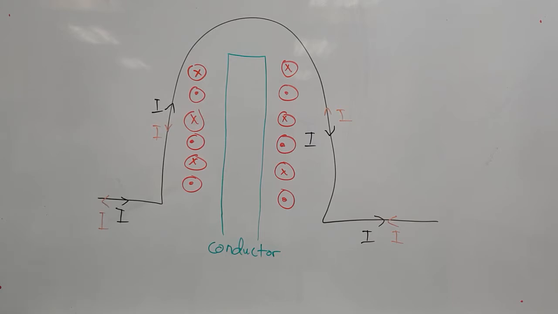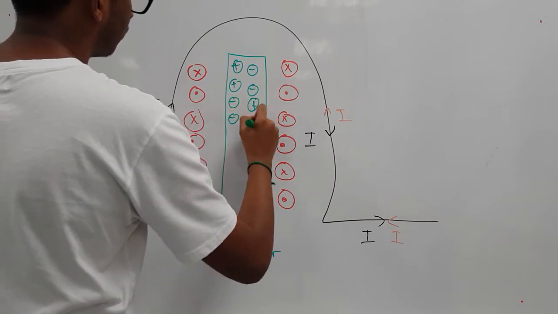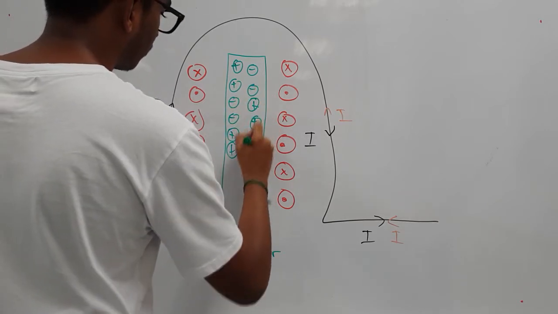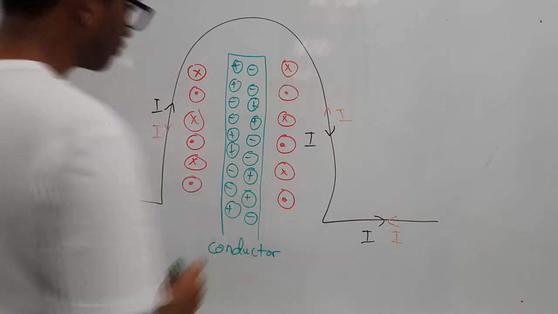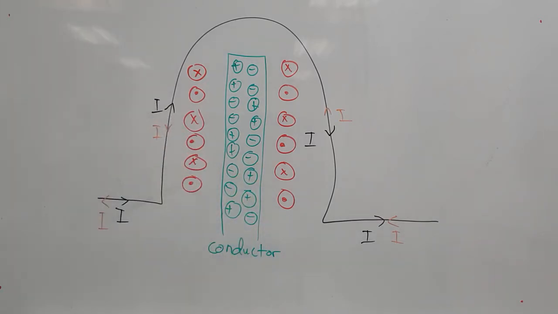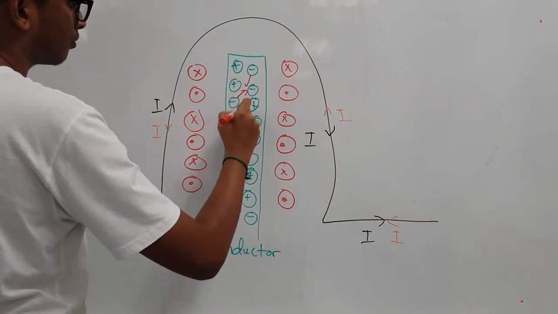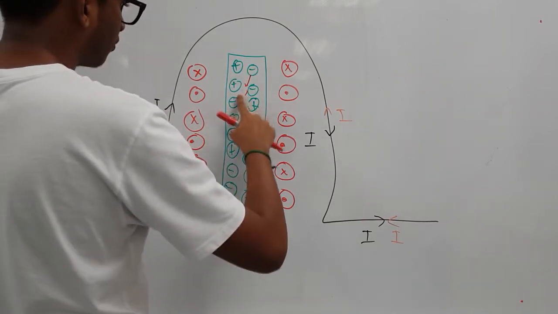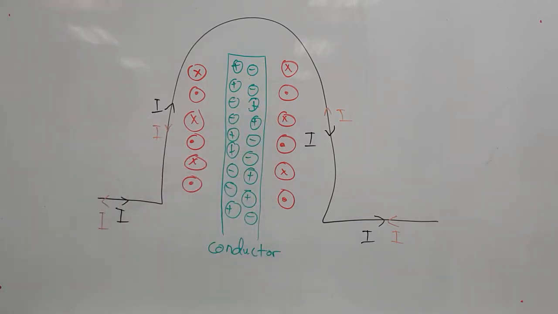Now, let's take a look at what would happen if a conductor were to be placed inside these varying magnetic fields. As we know, due to a high frequency alternating current, there would be a high frequency of oscillating magnetic fields. As we know, metals comprise positively charged ions and negatively charged electrons that are free to move.